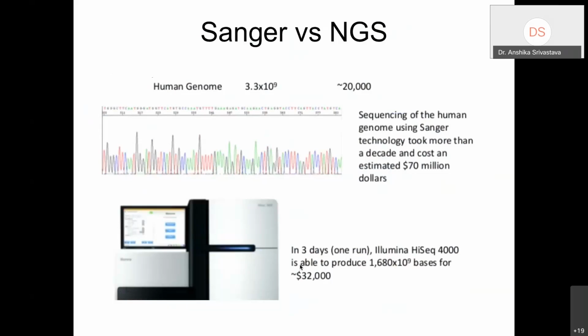And the cost is also much lower. You are now getting whole exome sequencing, I would say in Indian money, at around 28,000 per exome. So the technology is now spreading, and everyone can use it for genetic diagnosis.